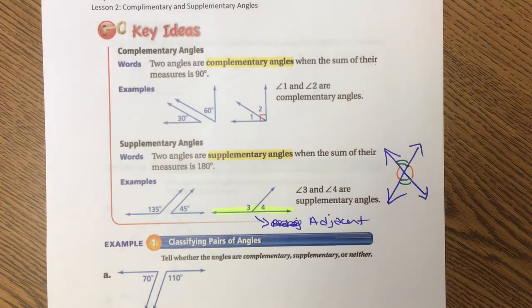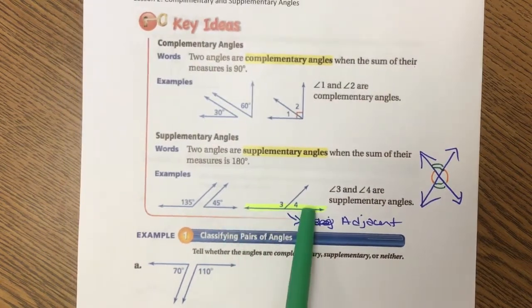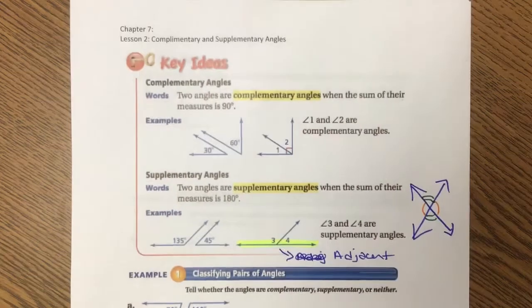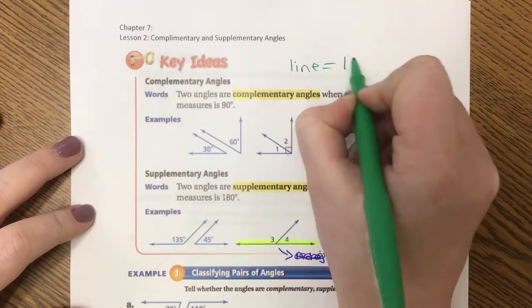And if you notice on these two adjacent angles I talked about, they're on one line, and hopefully you guys remember this from last year. If you don't, you might want to write this on your paper: a line equals 180 degrees.